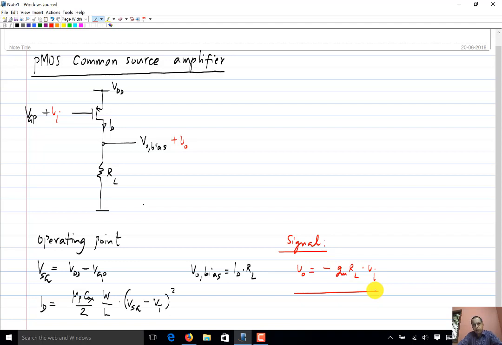Now, how do we increase the gain? When I say increase the gain, how do we increase the gain magnitude?